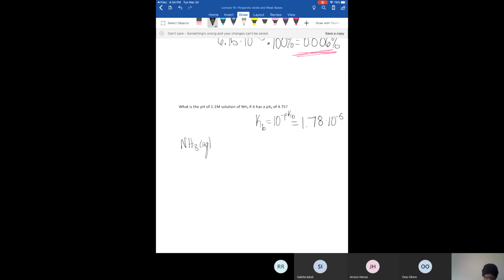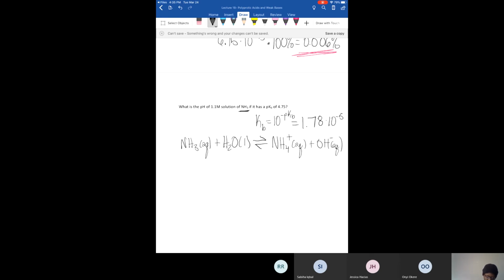And remember, because it's giving you NH3, that means it's a base. If they give you the pKb value, whatever they gave you is a base, so you cannot get an acid from it. It's not going to dissociate into its conjugate base and then acid. It is the base. It's going to dissociate into a conjugate acid. So keep that in mind. NH4 plus and OH minus.